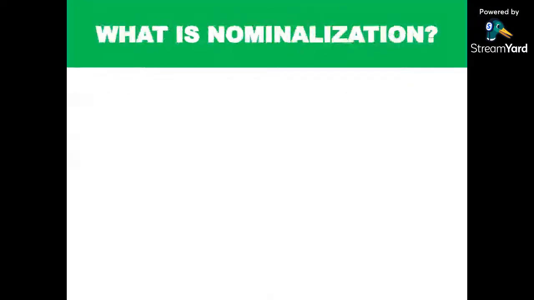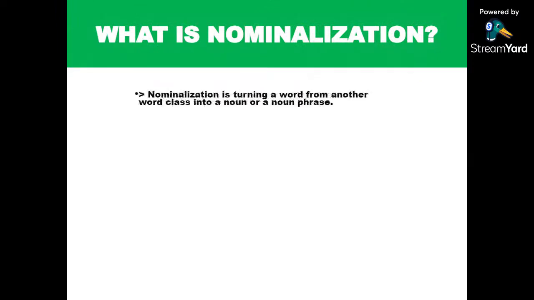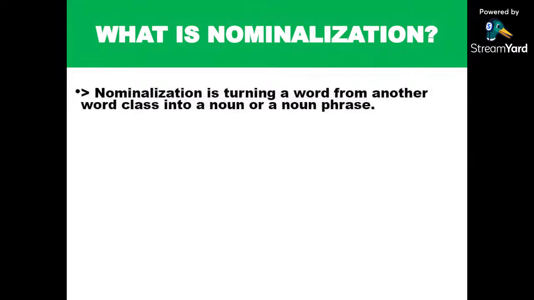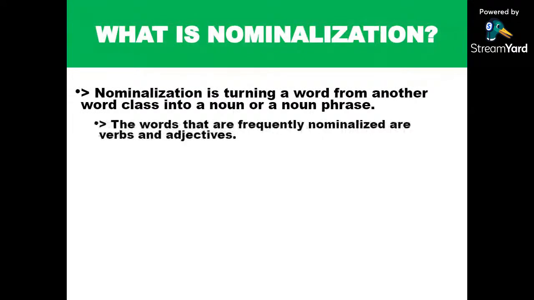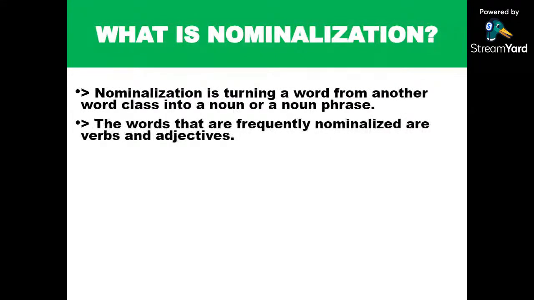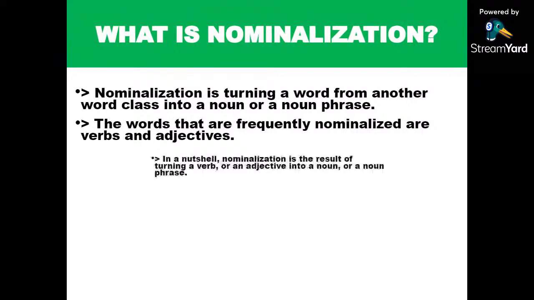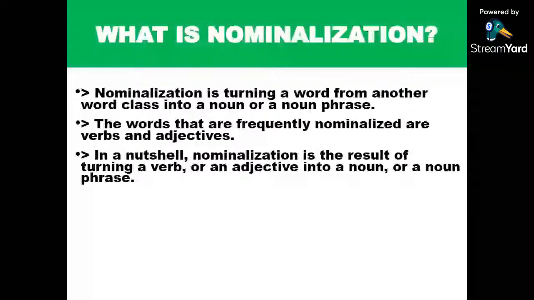What is nominalization? Nominalization is turning a word from another word class into a noun or a noun phrase. The words that are frequently nominalized are verbs and adjectives, and what this means is that nominalization is the result of turning a verb or an adjective into a noun or a noun phrase.